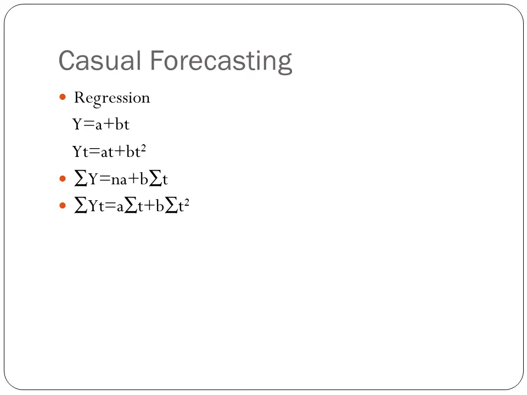Y is equal to a plus bt, Yt is equal to at plus bt square. Just visualize the formulas. Then just put summation. These are linear regression formulas. I have just shown you what causal forecasting is.